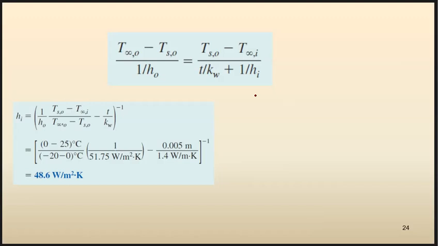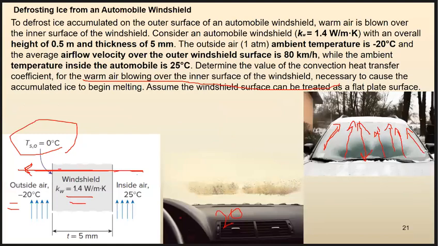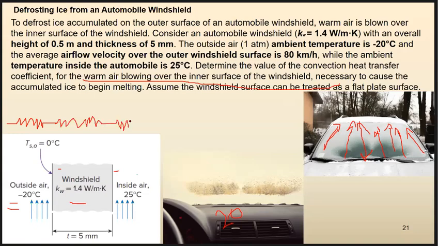To calculate this, we use the energy balance, or we can use the thermal resistance concept here. How? So this is my windshield. Let's draw the thermal resistance. I have one thermal resistance against convection, one thermal resistance against conduction, and one thermal resistance again against convection inside.